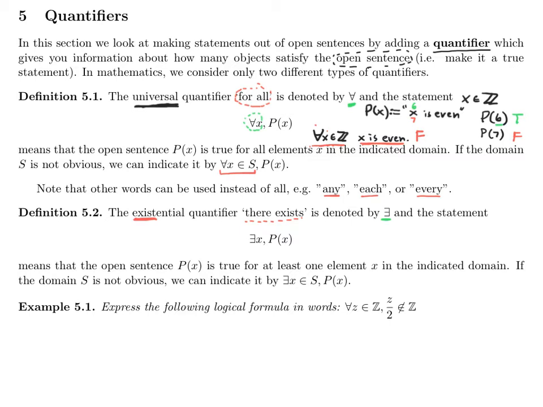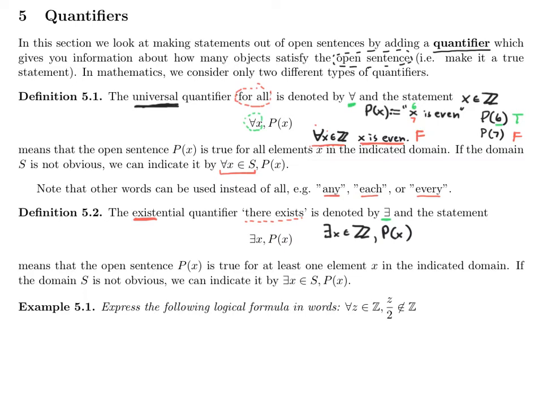So let's do a similar example. We'll keep the same p of x here: x is even. What if I said instead, there exists an integer x such that x is even.